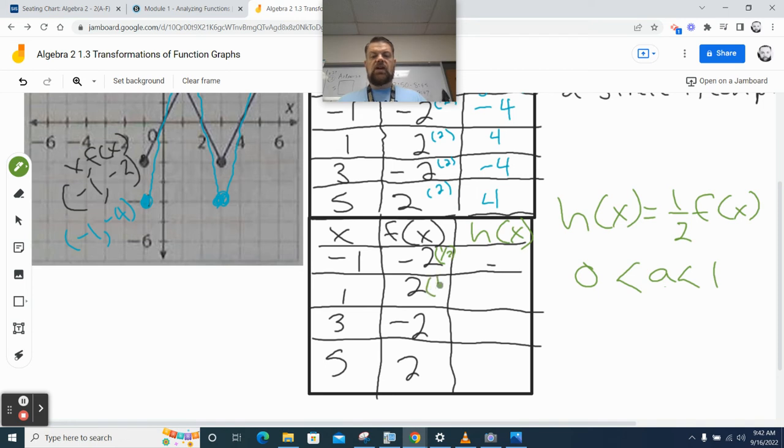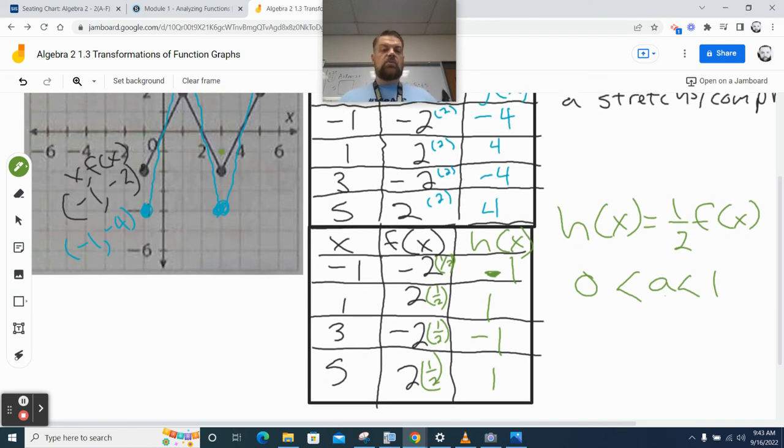So I'm going to multiply all of these by 1/2. So what's 1/2 of -2? -1. What's 1/2 of +2? +1. What's 1/2 of -2? -1 and 1.